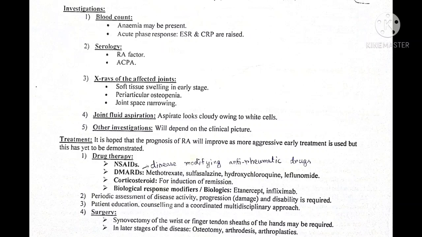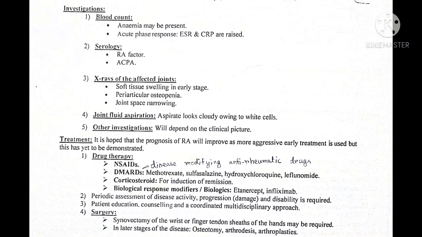During investigation, we look for the blood count. In the blood count, anemia may be present. The acute phase response proteins such as C-reactive protein and ESR may be raised.